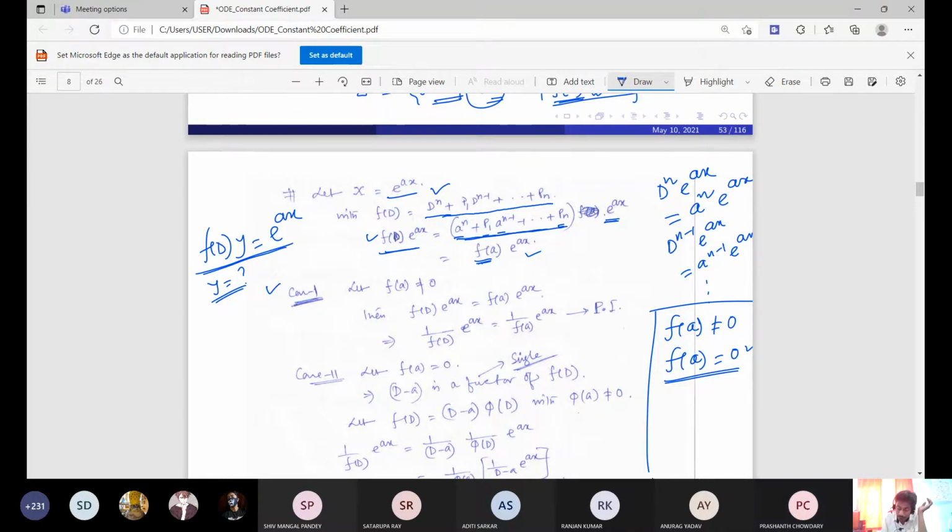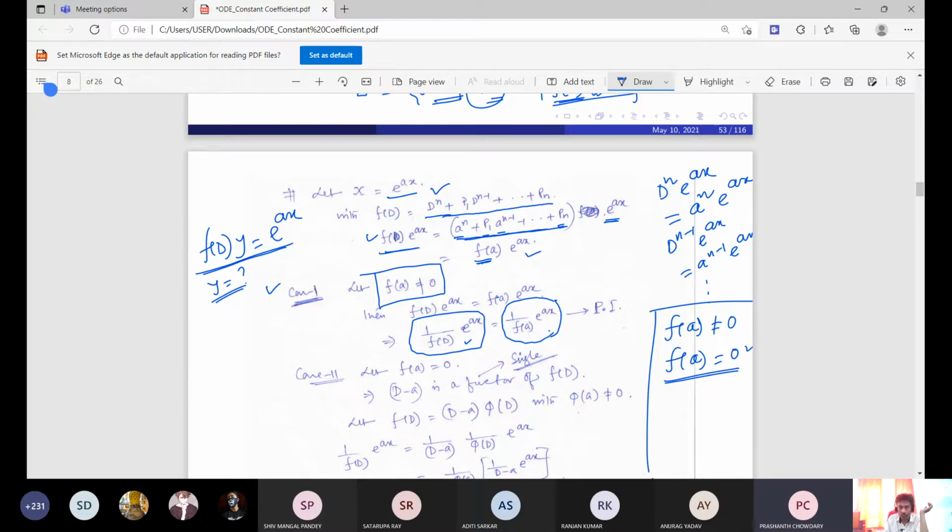If you just divide by f(a) and f(D), then 1 by f(D) e to the power ax will be 1 by f(a) e to the power ax. So this is your particular integral, and the value turns out to be 1 by f(a) e to the power ax, provided f(a) is non-zero.